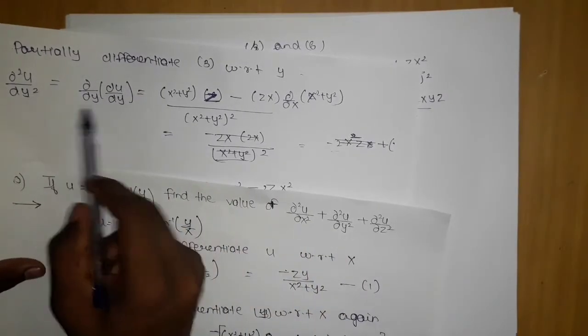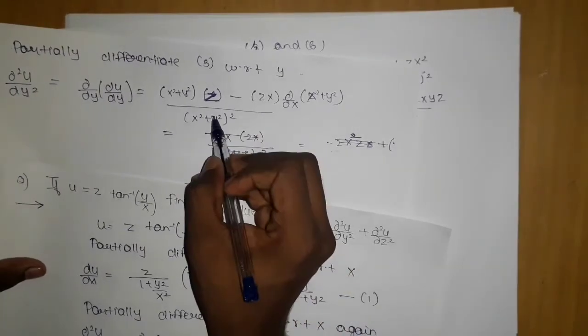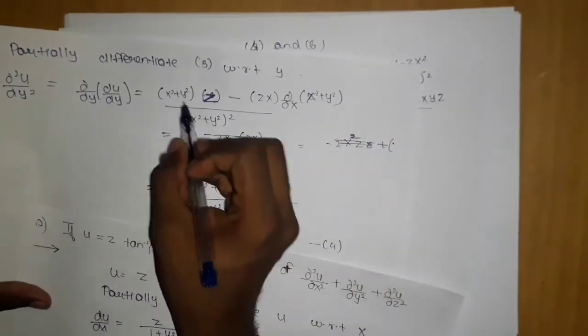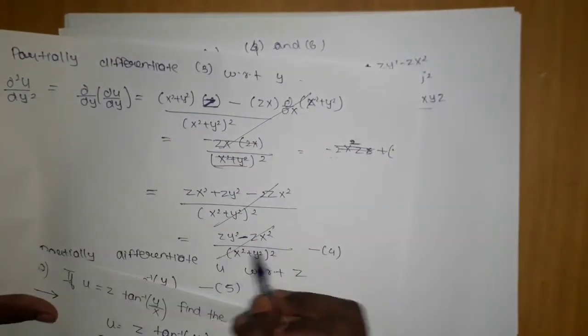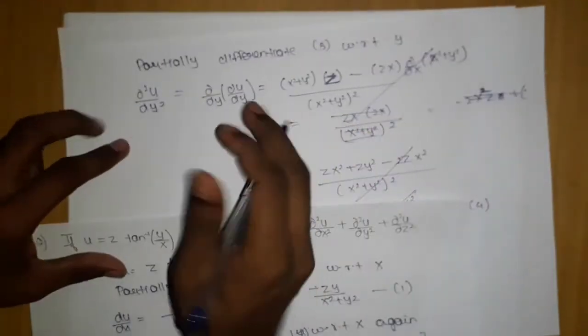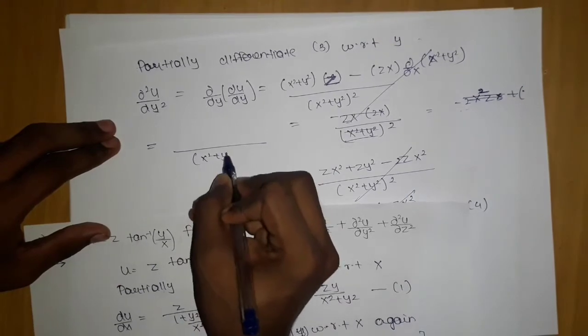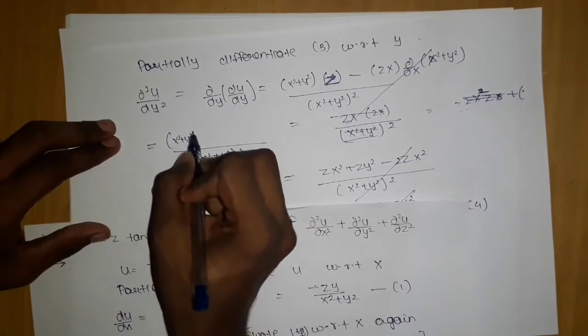This is dou u by dou y. Then why are we differentiating? I think we have made a big mistake: we differentiated with respect to x and it was y. So the complete thing will be wrong, and if I differentiate it with respect to y, it will be x square plus y square the whole square into x square plus y square.